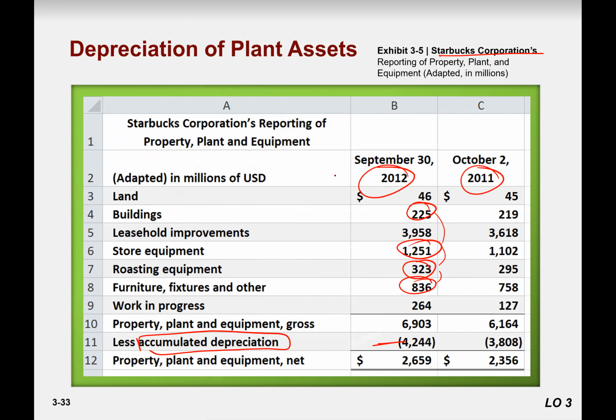You see 2011 and 2012, these are the two balance sheets, and its value starts increasing, right? The beauty of having accumulated depreciation is that it shows us the cost value, plus the accumulated depreciation account increases from time to time. And did you notice here that it has also increased?